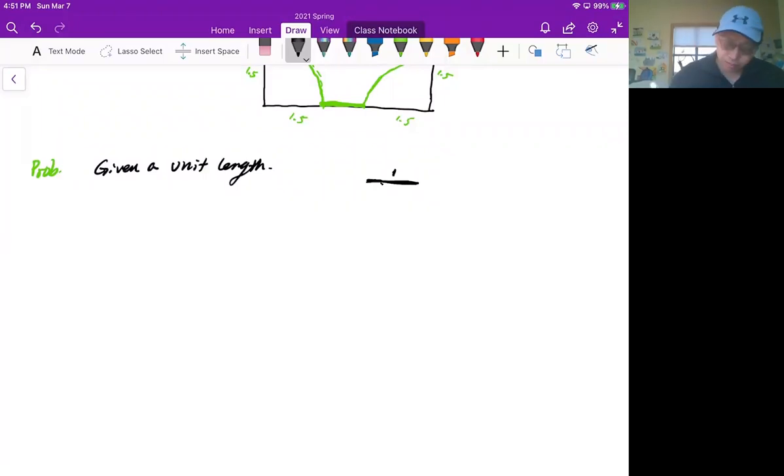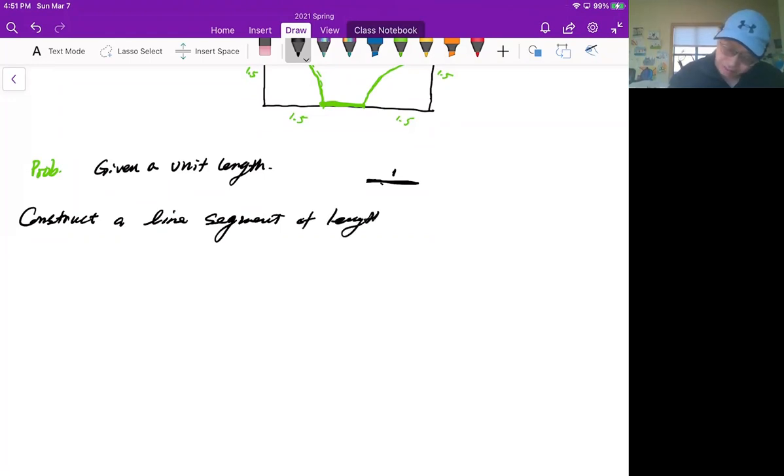If that's a 1 unit length, then I want to construct a line segment of length square root of n, where n is a positive integer.